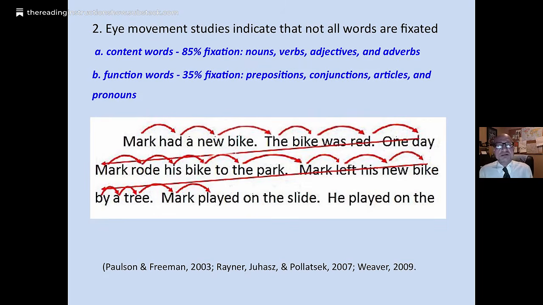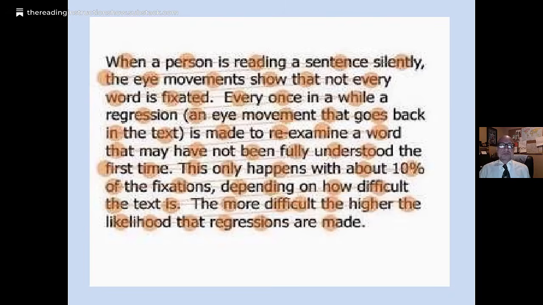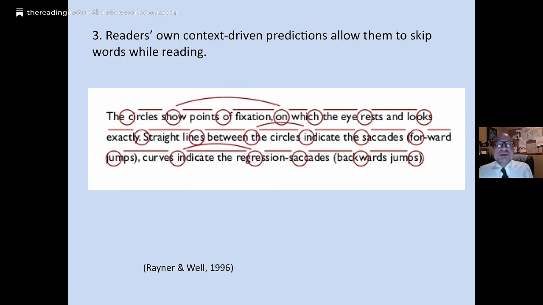We pass over. Content words are fixated on approximately 85%. Function words approximately 35%. So based on what's in our head, what we know both about semantics and content and syntax, some of the words are passed right over. The reader's own context-driven predictions allow them to skip words while reading.